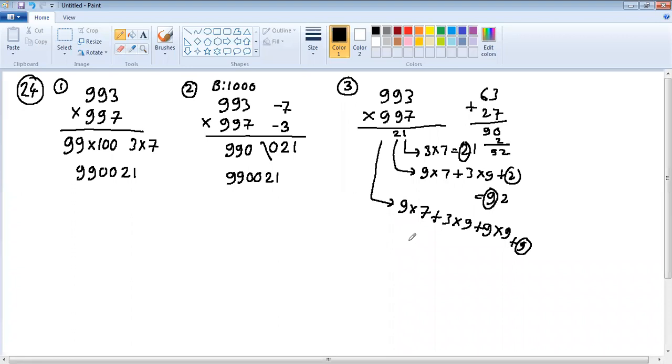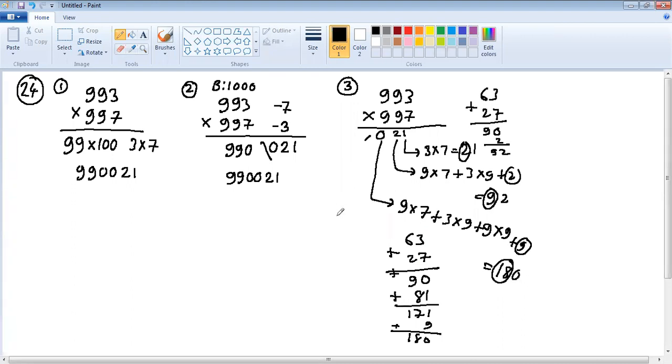So this is 63 plus 27, I will do that first because it is easier. This becomes 90 plus 81. So that gives you 171 and then 9, so 180. Out of this 180, you will take only 0 and carry 18. So 0, carry 18.